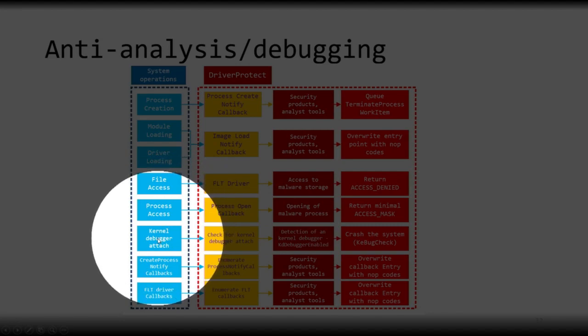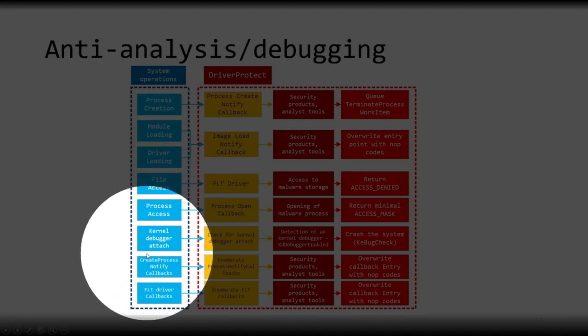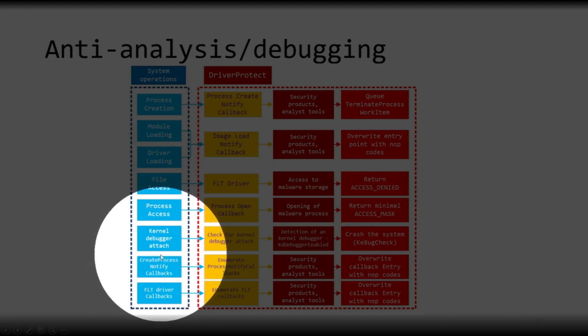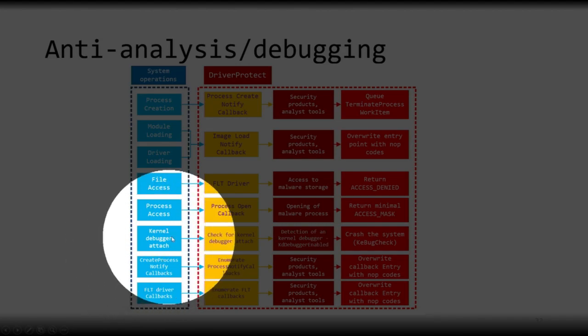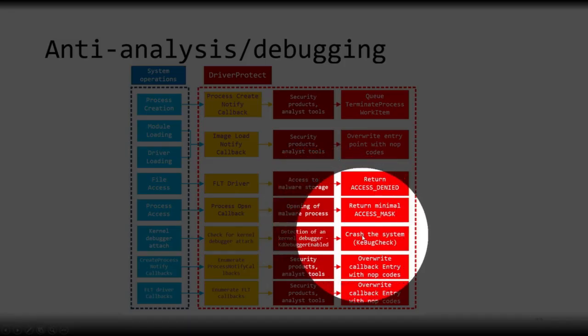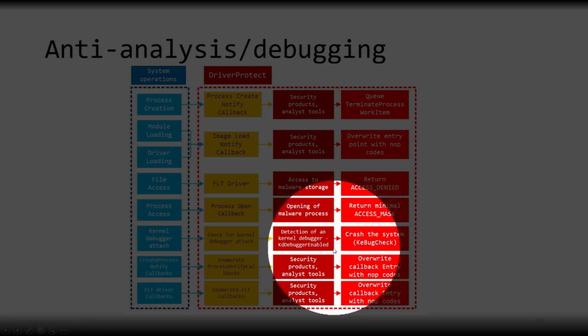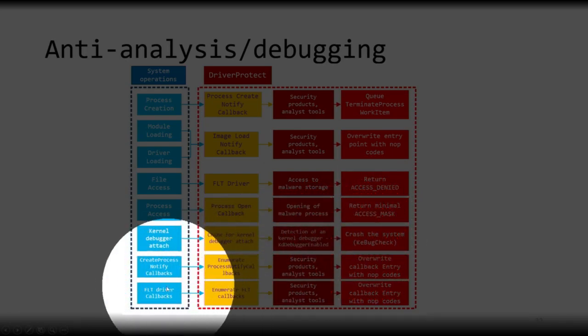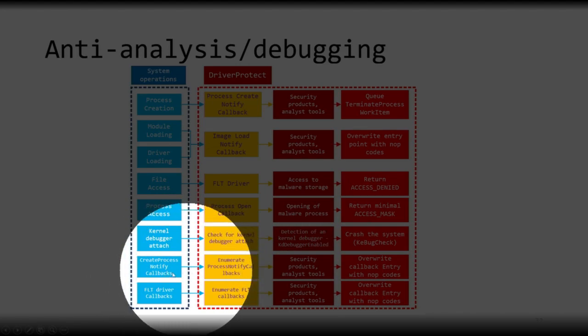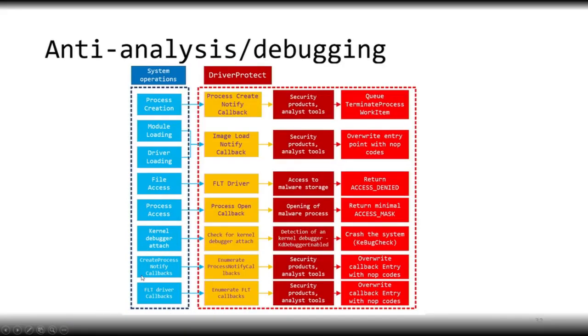And the next thing is really critical, because if you want to attach a kernel debugger to the target system using a virtual machine or something, or even a physical connection, then it will detect those connections too, and it will just bugcheck the system. And any create process or filter driver routines registered on the system by security products will be deregistered.